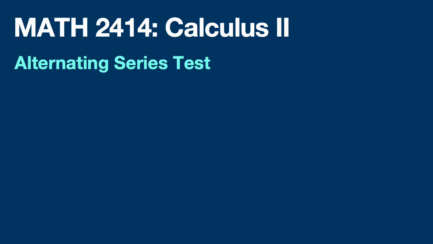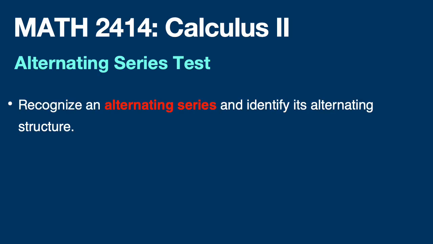So, first we're going to recognize alternating series and identify its alternating structure. So far, all the infinite series had positive terms. From now on, our series is going to alternate sign.